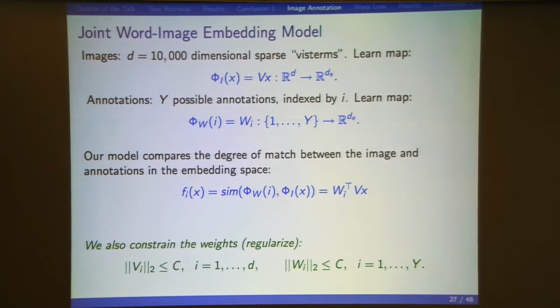So we actually did that. We said each one has to be less than or equal to C. If you don't do that, you could have a problem: because you're using a dot product as you learn, these things could explode. They can get larger and larger because our matching score is the dot product in the embedding space. So we also added this constraint. I didn't say that in the previous talk.